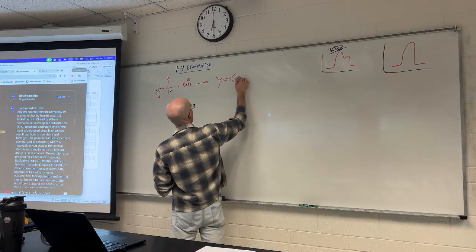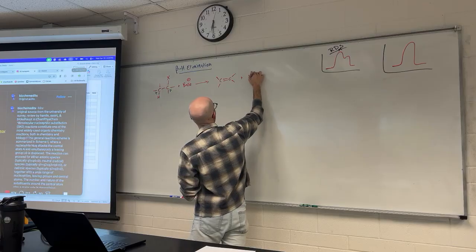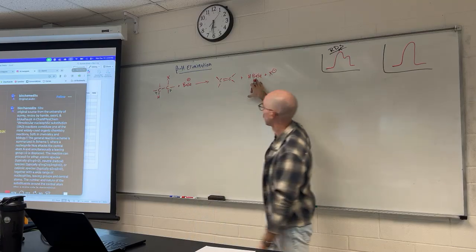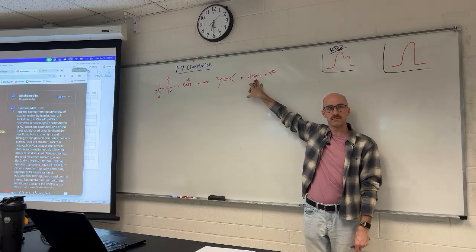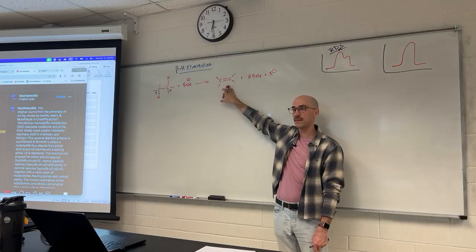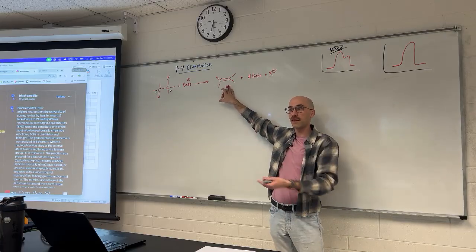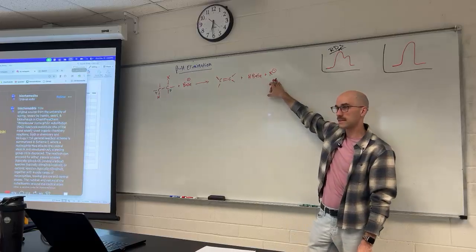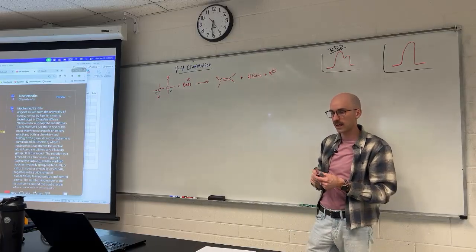And the product of our elimination: we get a conjugate acid, the base that has taken the hydrogen. We get an alkene because the alkyl halide has behaved as a base. And we get this leaving group. Our halide has left.